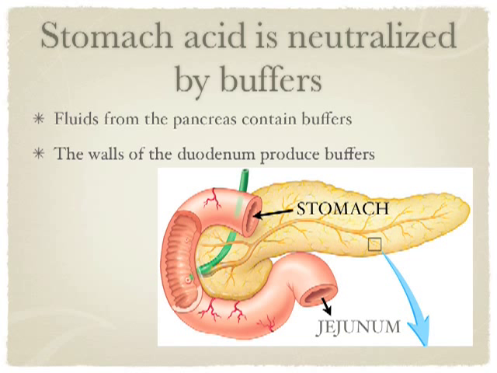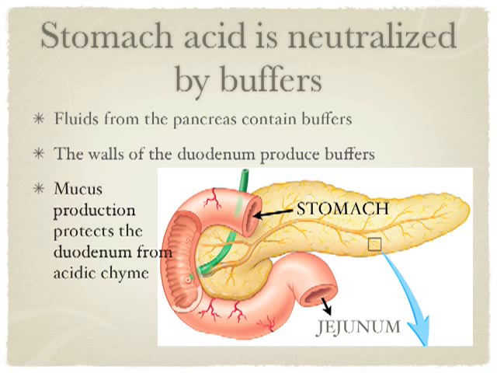So this acidic chyme from the stomach gets hit with a double whammy. The duodenum also produces quite a bit of mucus. And like that mucus is protecting the stomach, there's quite a bit of mucus here protecting this first part of the small intestine from that acid. As we get further and further along the small intestine, there's less and less mucus.